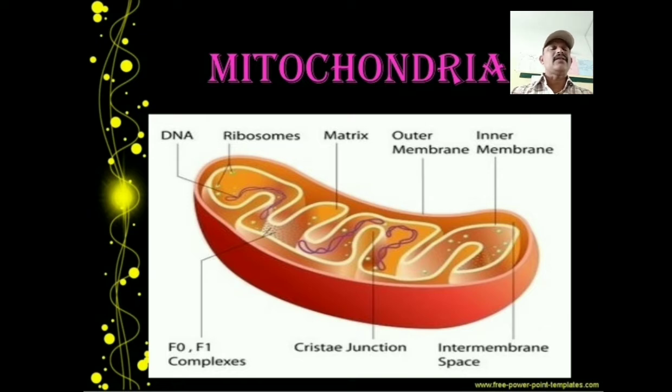So these are the parts of the mitochondria. It is known as the powerhouse of the cell because it produces energy in the form of ATP, that is adenosine triphosphate.